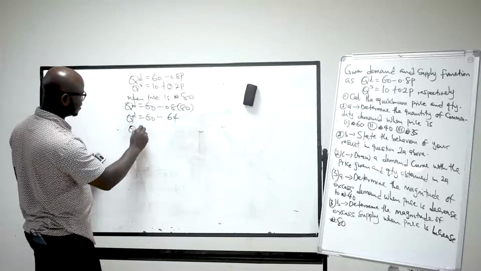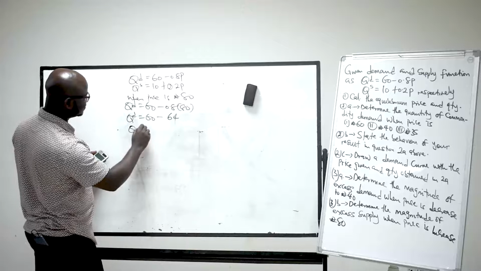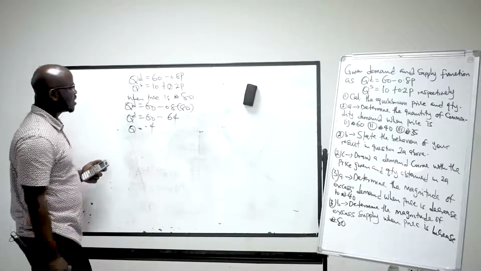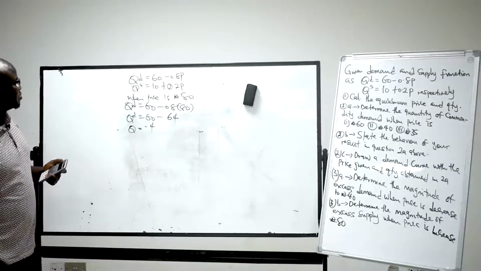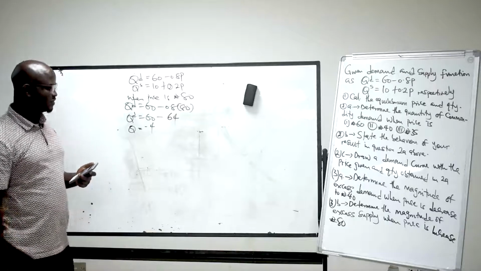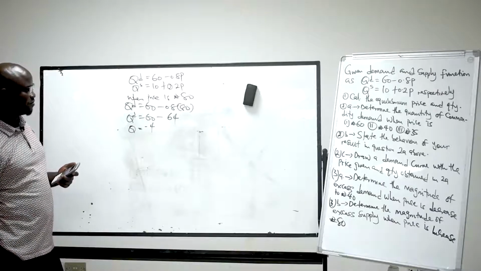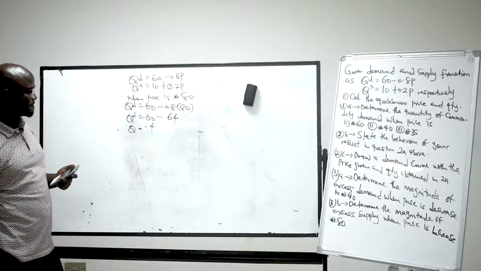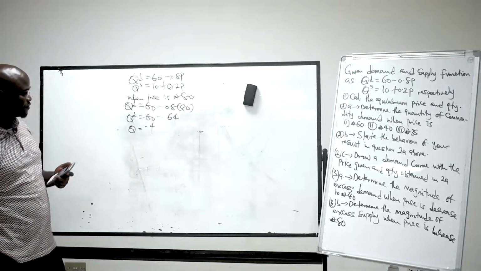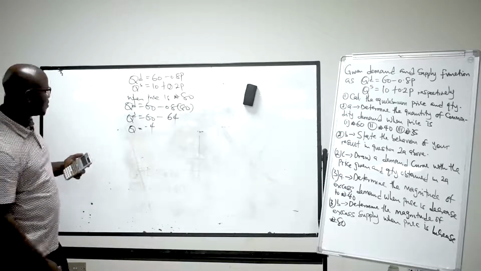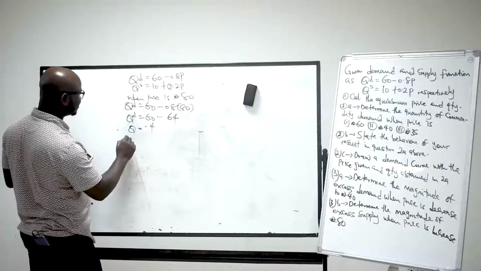Then here we are having the negative, so we have minus 4, class. Minus 4, right?